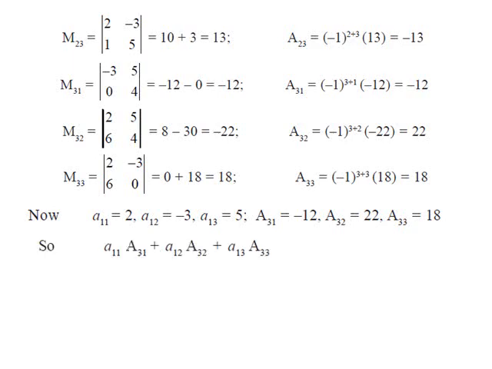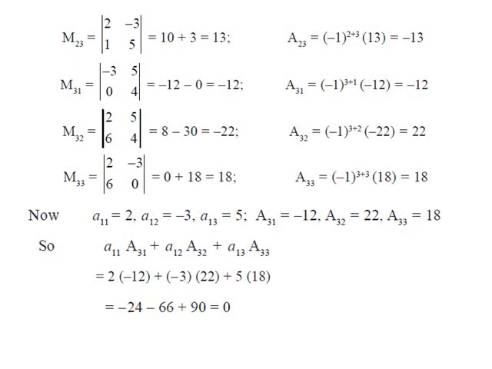Put these values in the given expression. Simplify it. We get the value of element a11 multiplied by cofactor a31 plus element a12 multiplied by cofactor a32 plus element a13 multiplied by cofactor a33 equals 0.